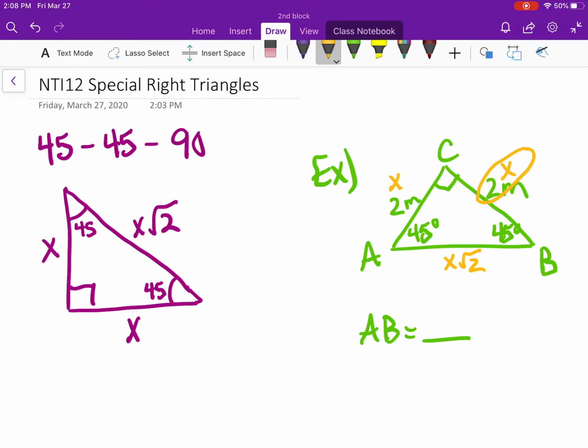So I take one of these sides that I know and set it equal to the formula for that side. So this tells me that x is equal to 2. So if x is equal to 2 and I want to find side AB, my formula for side AB is x radical 2. We just found that x is 2, so that side's going to be 2 radical 2.